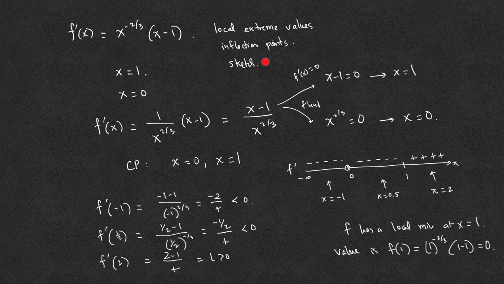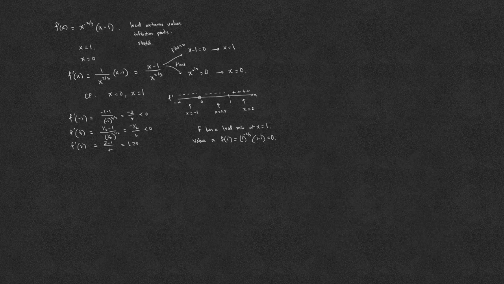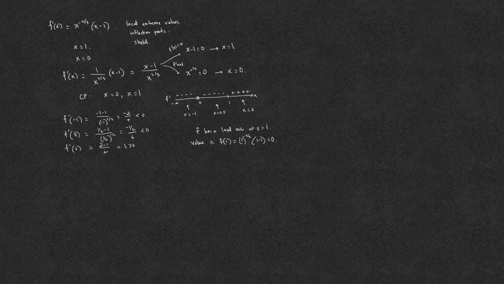Next, we find the inflection points by finding the second derivative. F prime is given. To find f double prime, we would need to use the product rule.